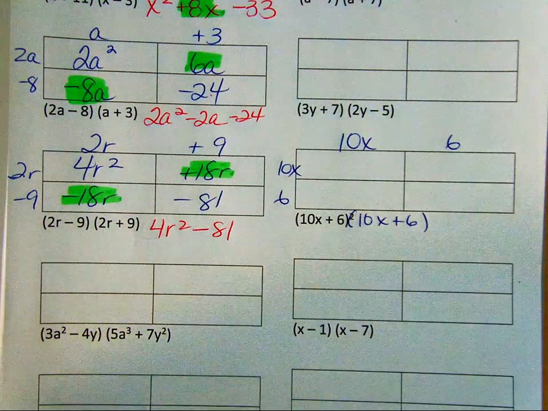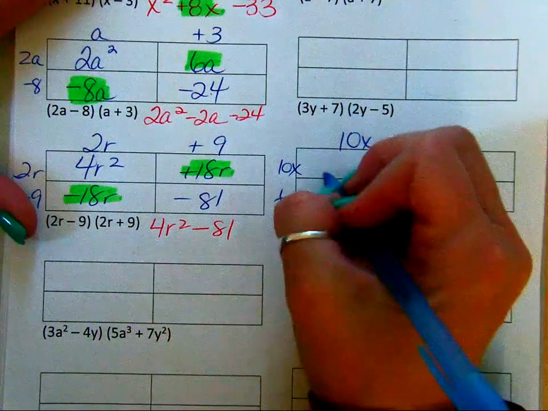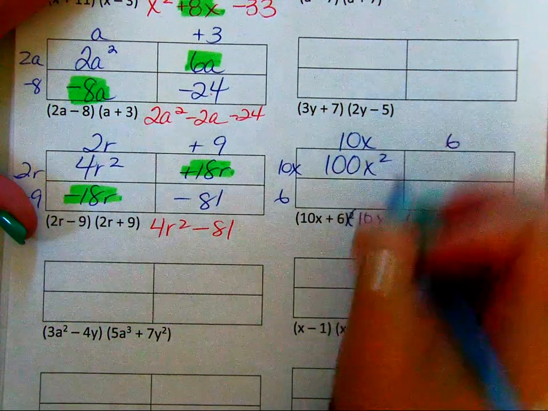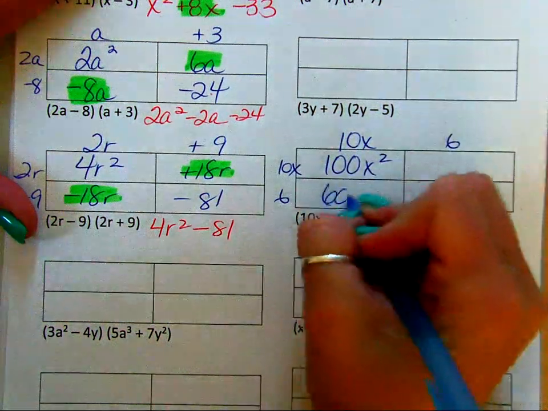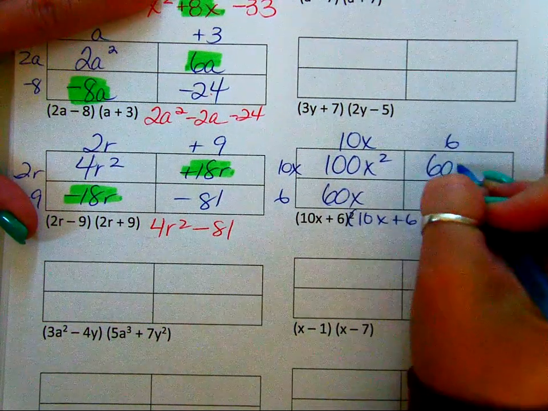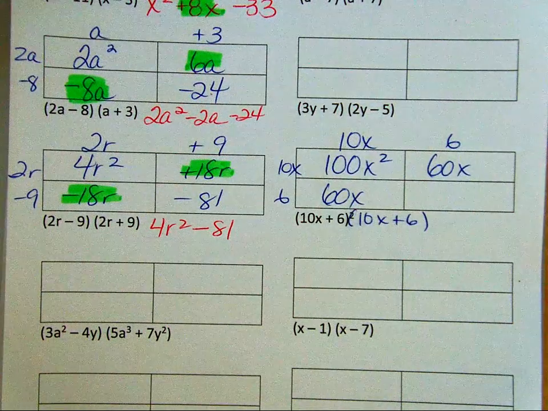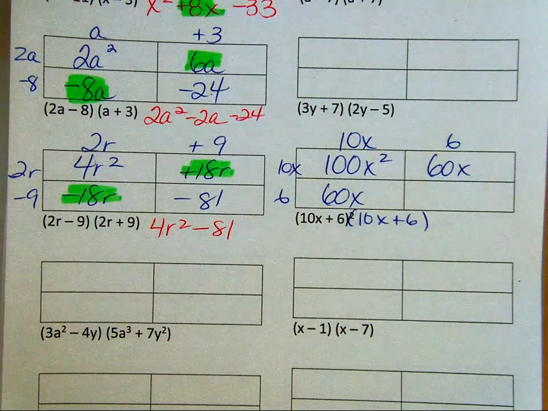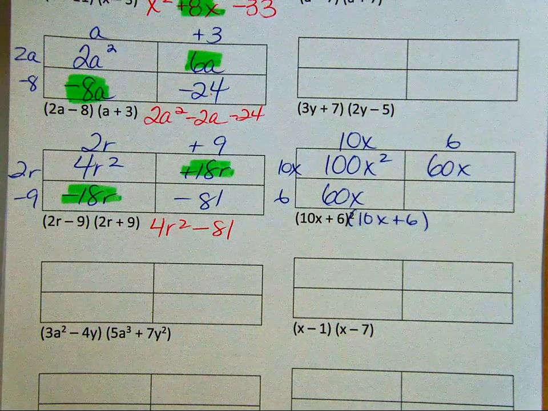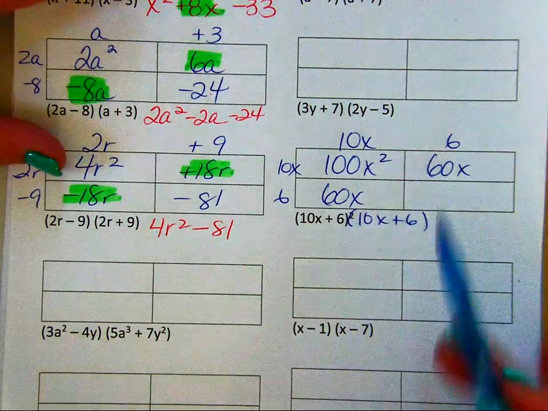10x times 10x. They don't cancel this time. They what? They double. So instead of canceling each other out, if the signs were different, when the signs are the same, they actually double.